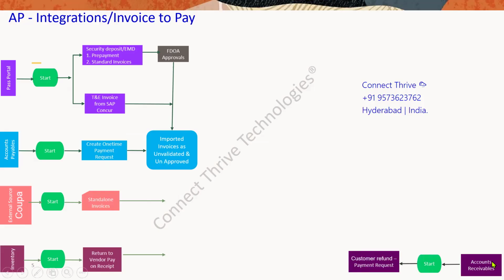Whenever we are returning the excess amount to the customer, that receipt amount, we will initiate a refund from AR. With the help of Trading Community Architecture, the system will convert that customer as a payee in our AP module. From there, the payment request invoice will be generated.